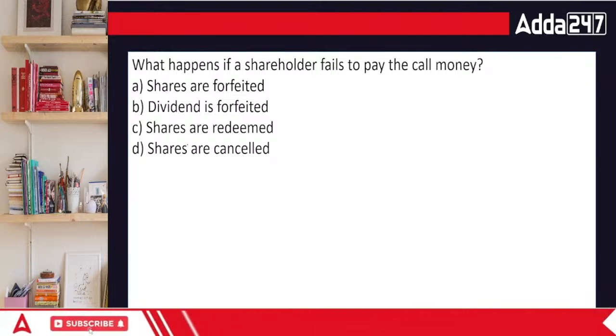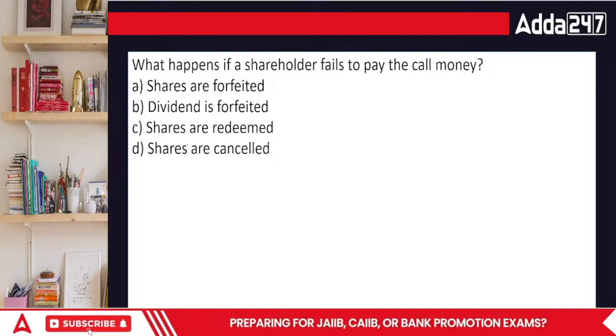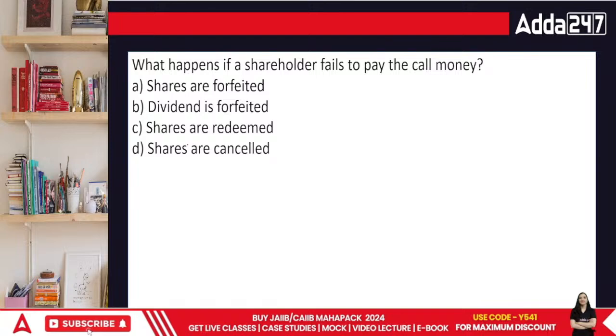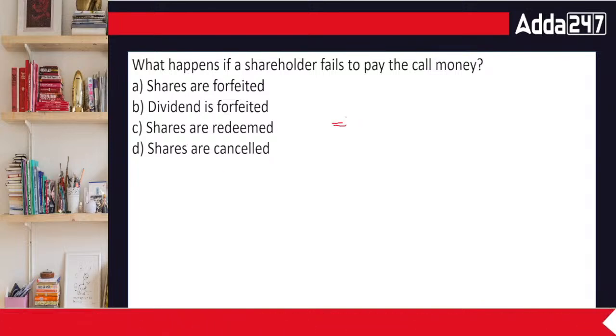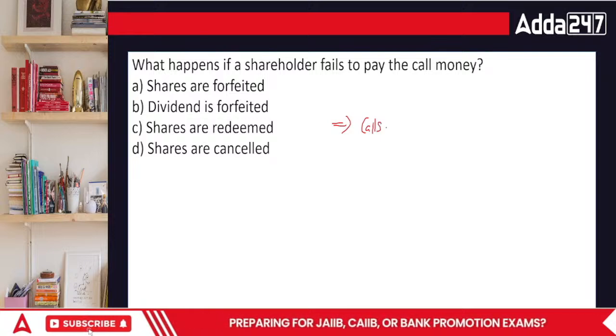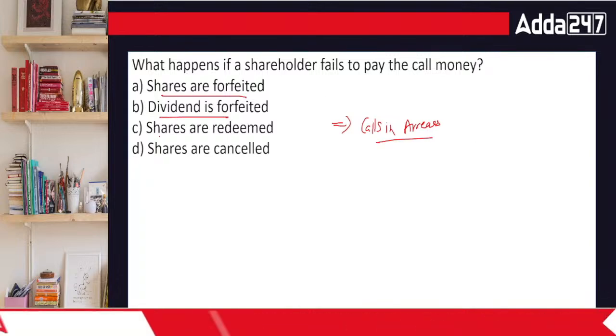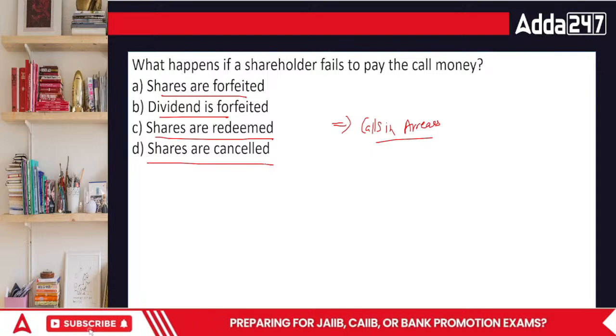What's going to be the answer, everyone? The options are: shares are forfeited, dividends are forfeited, shares are redeemed, or shares are cancelled.